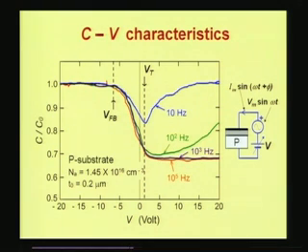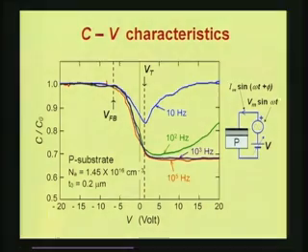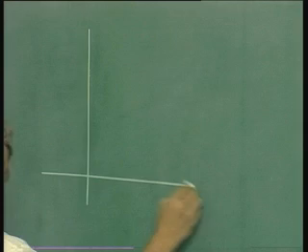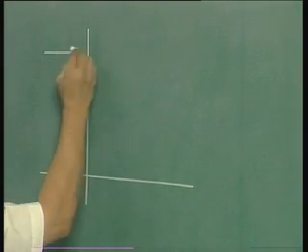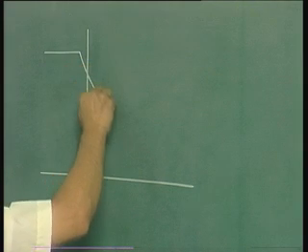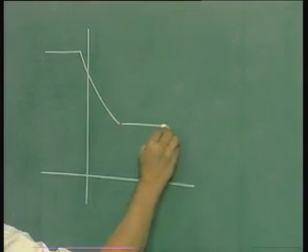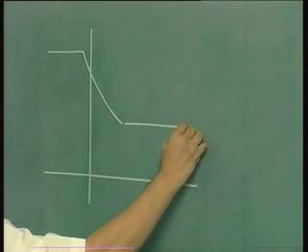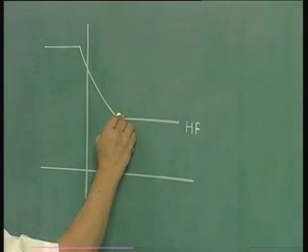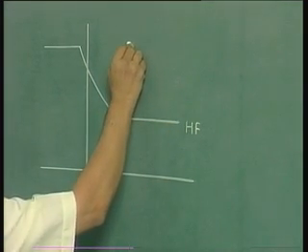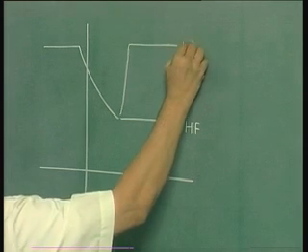So the CV curve is something like this if this is high frequency, and if it is low frequency then it goes up and this is low frequency.